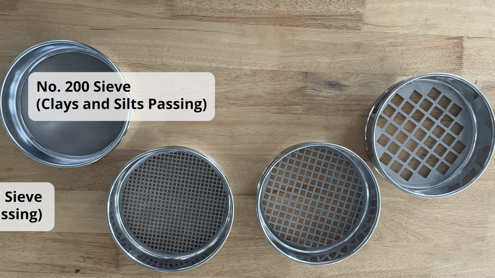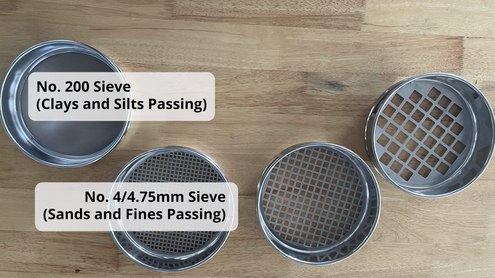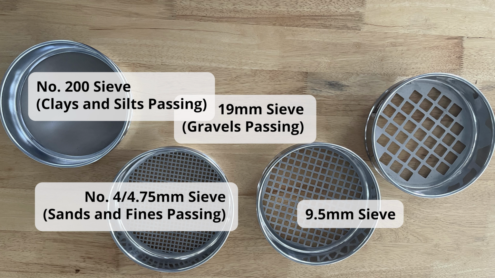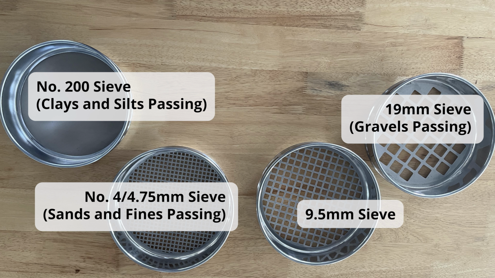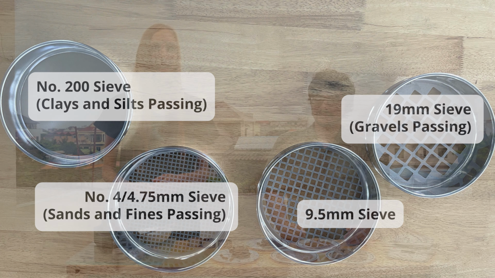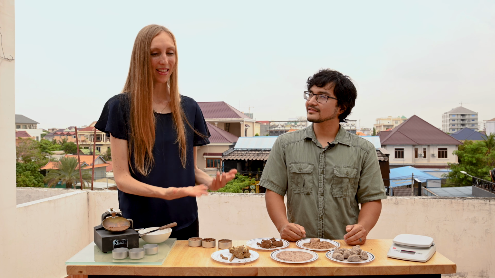So in a laboratory, the number 200 sieve can be used to distinguish between the coarse-grained and the fine-grained sample. And a full sieve test can be used to classify the coarse-grained material even further into coarse gravel, coarse sand, fine sand, and then your fines.